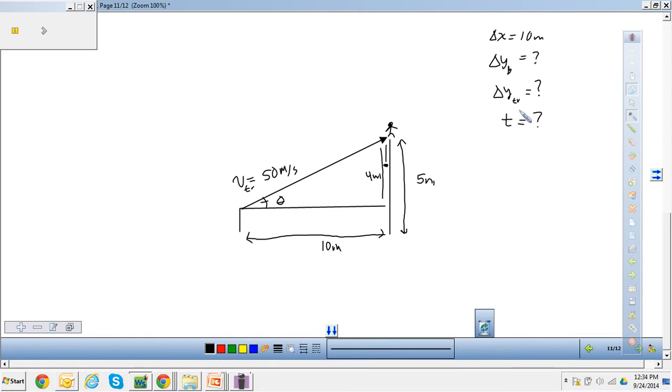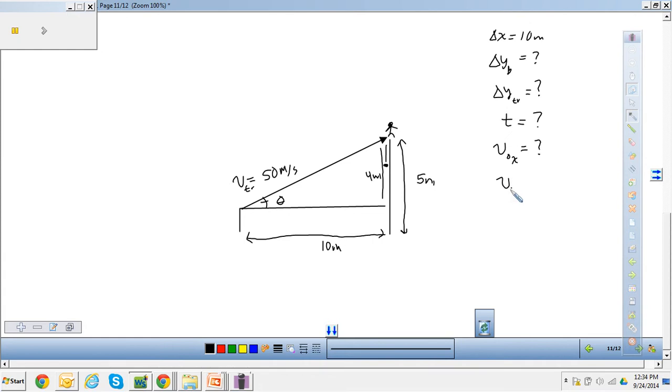What is some other information? What about velocity in the x direction? Do we know that? We sort of know that, right? We're given this, but we don't know it yet. We have to get back to that.